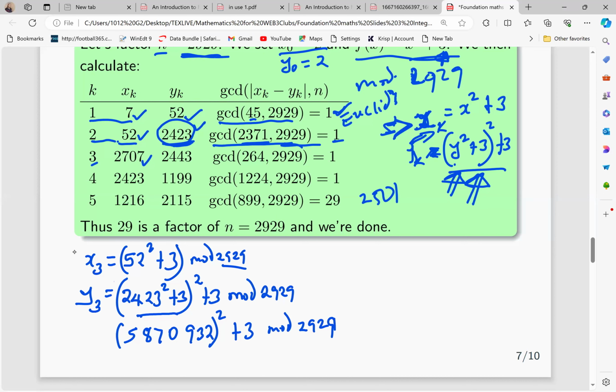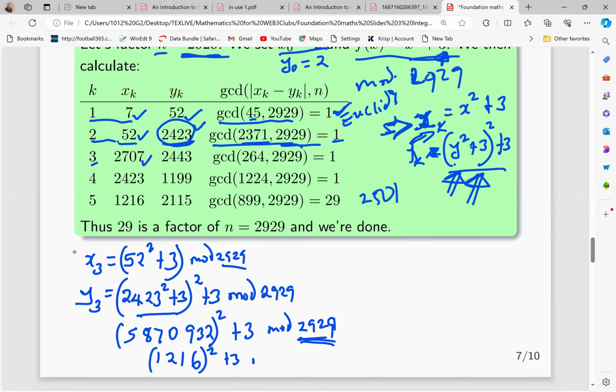So let me reduce it first using this mod 2929, which goes there 2,004 times. The remainder is small, the way you want. So this is the one I can now square and add 3 to.